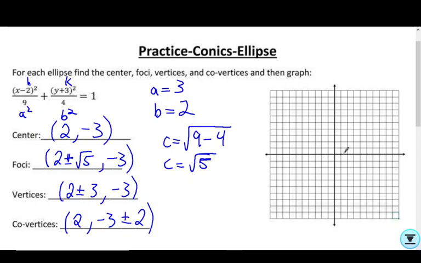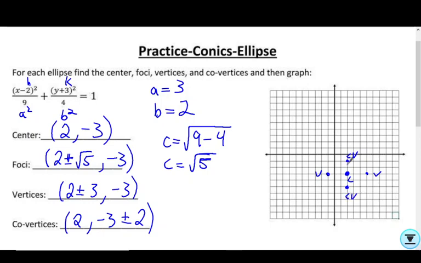My center is at (2, -3). So this is my center. My vertices, since it's horizontally major, I'm going to go to the left, 1, 2, 3. So this is my vertices. 1, 2, 3. This is our vertices. Co-vertices are here, down 2.